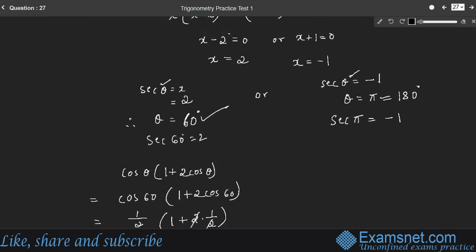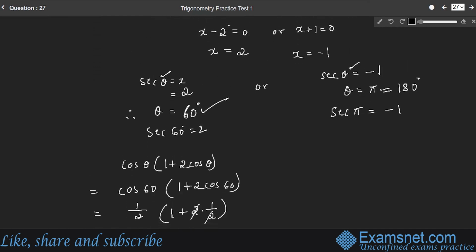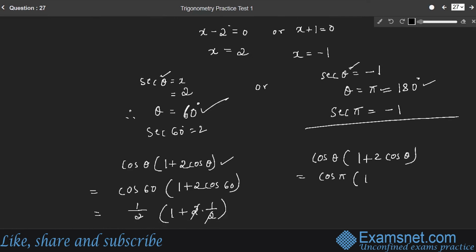So that is for theta equal to 60 degrees. Let us check whether we will get the same value for the given expression for theta equal to 180 degrees, or pi. So cos theta into 1 plus 2 cos theta becomes cos pi into 1 plus 2 cos pi.